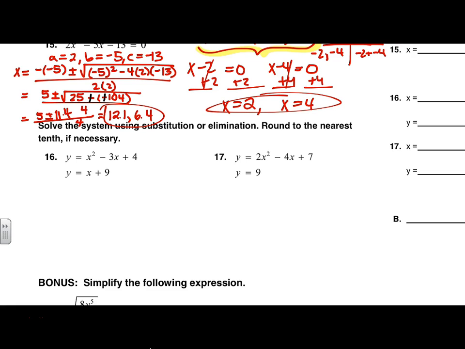Divide by 4. It's actually negative. Okay, so we weren't even right.